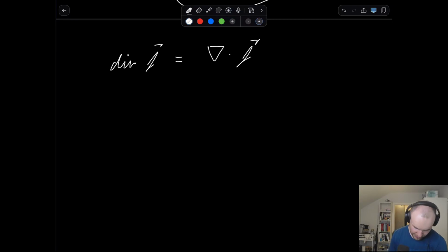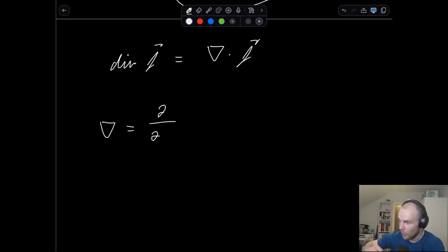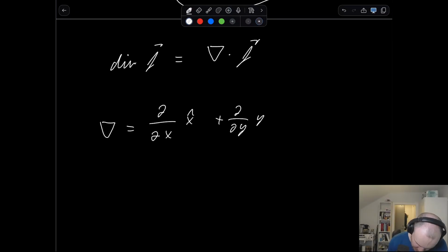Nabla was like the total, you have all of those changes. And this is of course a scalar, because this time we dotted it with f. Last time it was an operation on f. So this was partial x in the x hat direction plus partial y in the y hat direction plus partial z in the z hat direction.